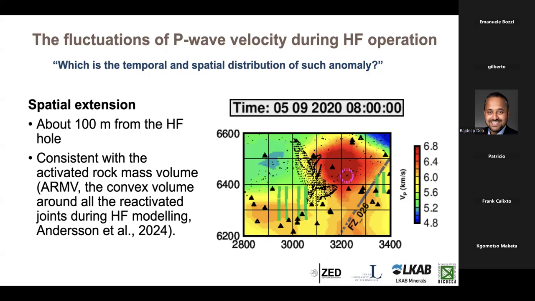We have to remember that our resolution here is 40 meters, so it's well above our minimal resolvable volume. It's definitely larger than 40 meters in all the cases where it was observed.